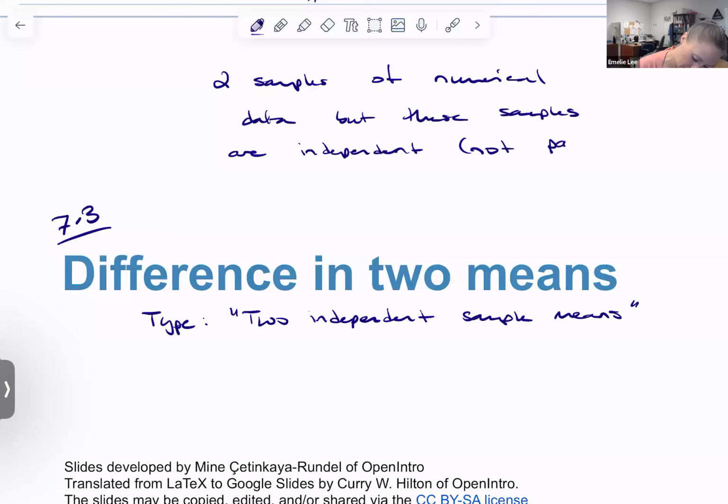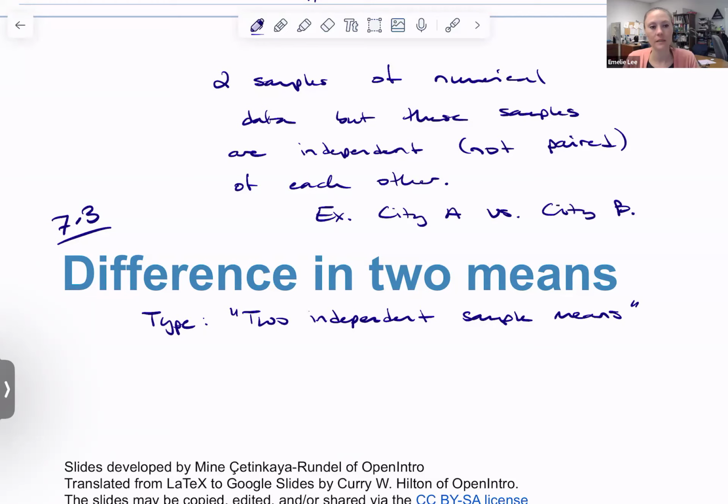I'll put in brackets not paired, independent of each other. For example, maybe city A and city B. Something like that, right? I've got group 1, group 2. There's no natural linkages happening.